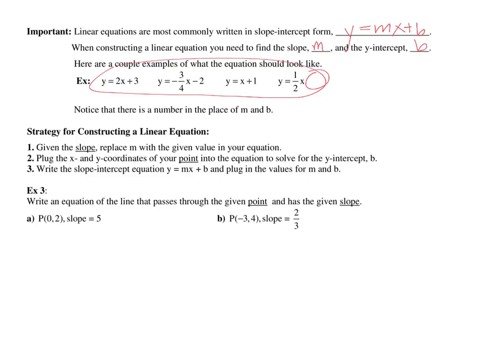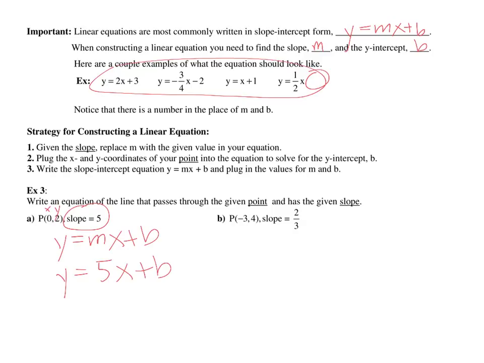Example 3. Write an equation of the line that passes through the given point and has the given slope. So I need to come up with the equation y equals mx plus b. They give me the slope, that's my m. Now here I have my x and my y, which is going to allow me to solve for b.